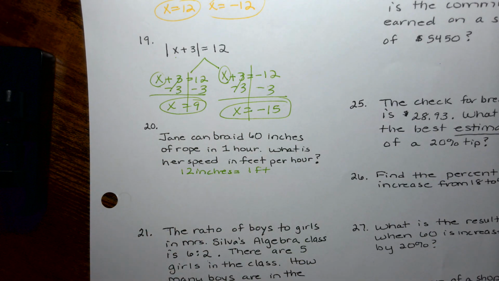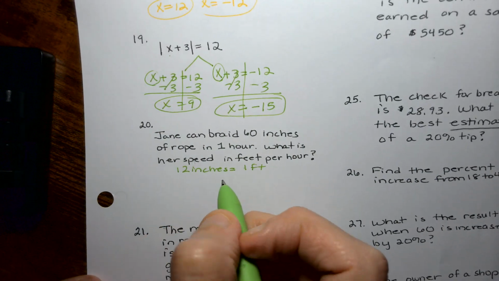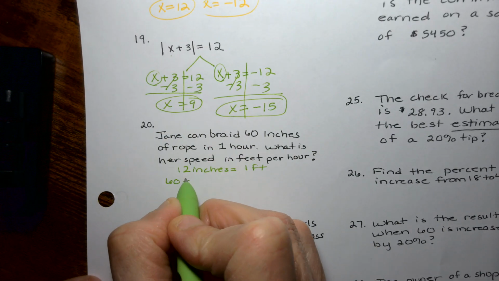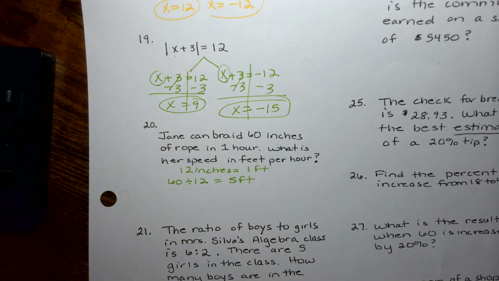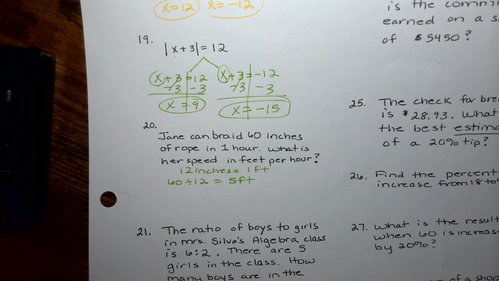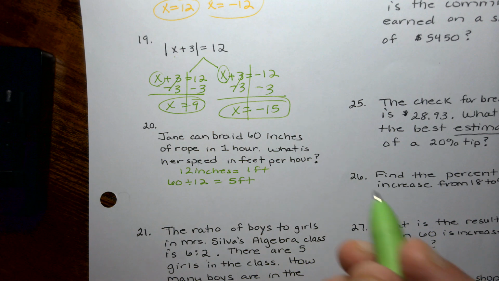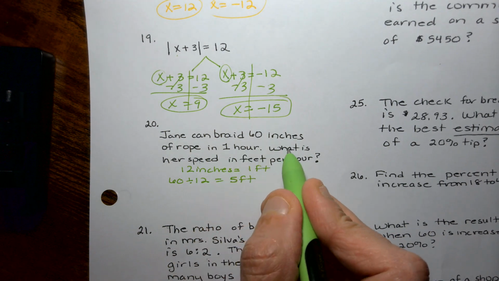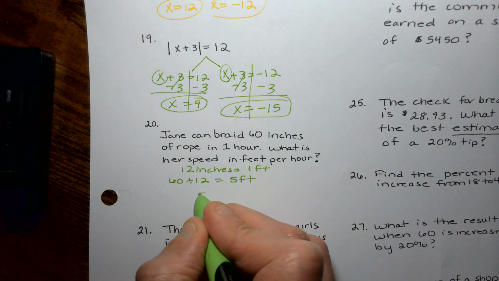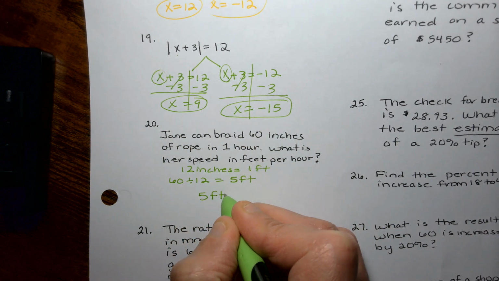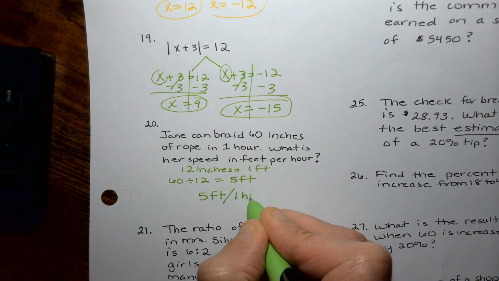All right, so I'm going to have to take that 60 inches and divide it by the 12 to see how many feet, and that is equal to 5 feet. Okay, and that's it, I guess. We have the hour, and they wanted it in hours, so I don't have to do anything with the hour. So we'll just say 5 feet per 1 hour.